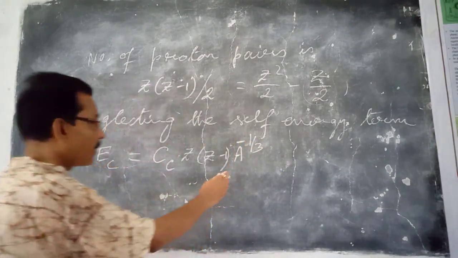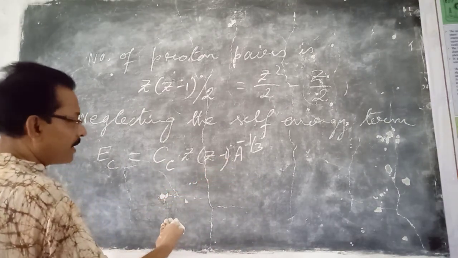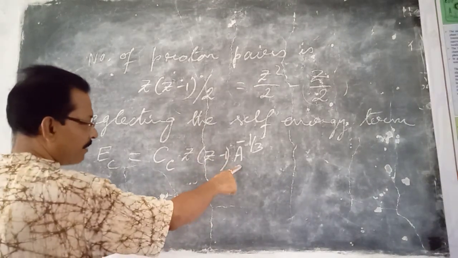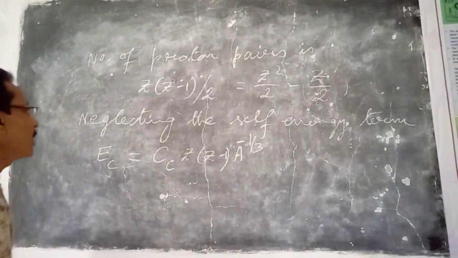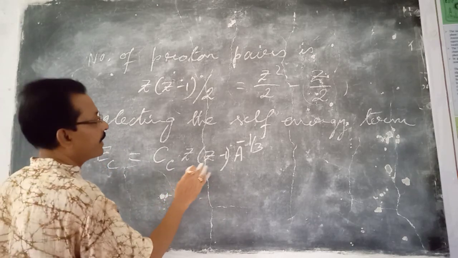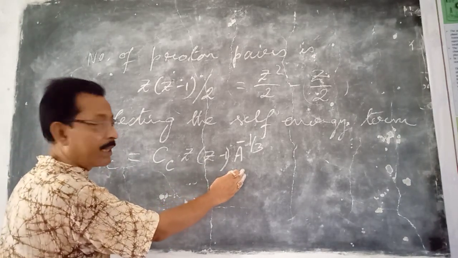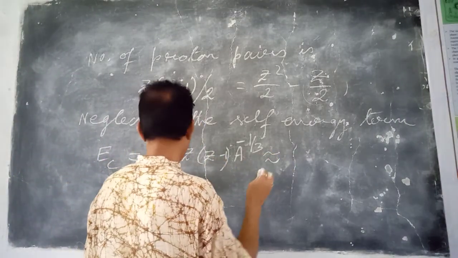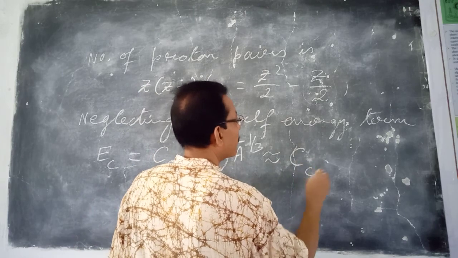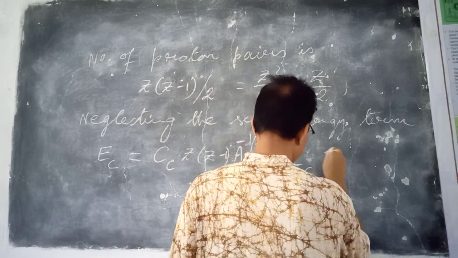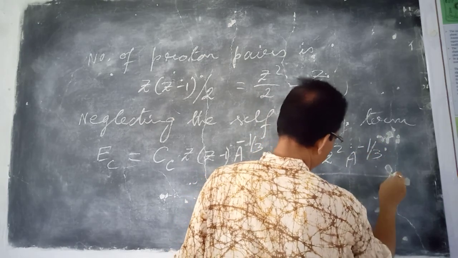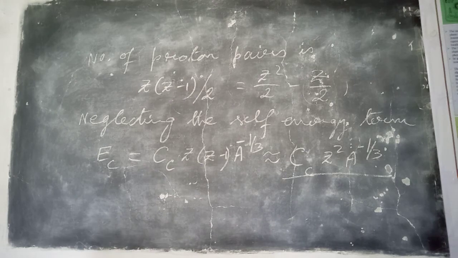Don't understand? Because Z into (Z minus 1) by R was there in the energy term, so that R is replaced by A, because we mentioned here that all the factors will be expressed in terms of either Z or A for a nucleus. Now if we neglect this self-energy term, then it will be approximately equal to C Z square A to the power minus 1/3. Okay, this is the Coulomb electrostatic repulsion term.